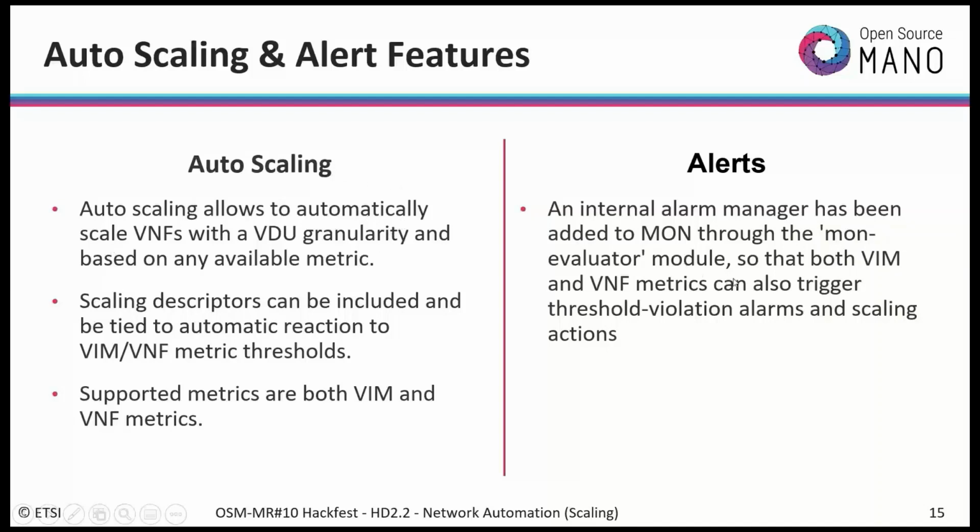There is another mechanism that is called alerts. So with alerts, for example, I don't want to take an action myself as OSM, but I want to pass it on to an external system, maybe a broader fault management system, which can take this notification and take an action at a more end-to-end level.